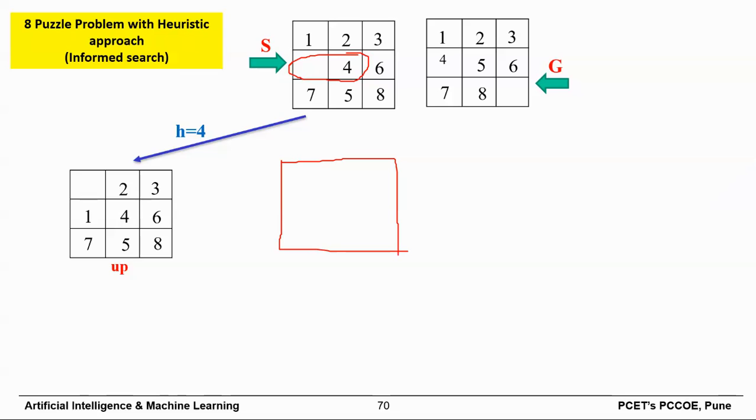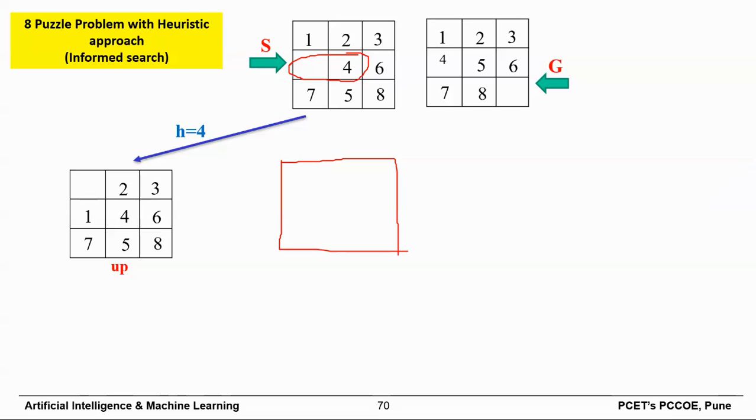Destination is G. Yes. 2. No, no, this is the value. Right. 2, 3, 4, 5. But we need not consider that blank.